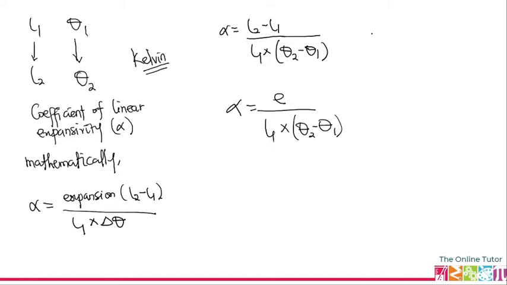Now let's look at this. When we have, let's say, 50 degrees Celsius and it has been increased to, let's say, 75 degrees Celsius, to convert this to Kelvin, we need to add 273 to each to get the result in Kelvin.